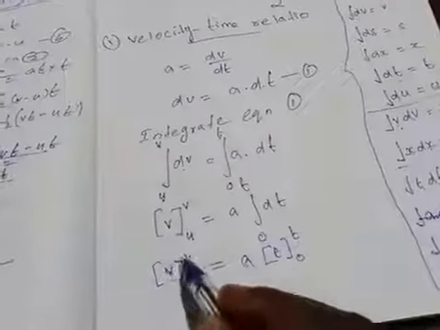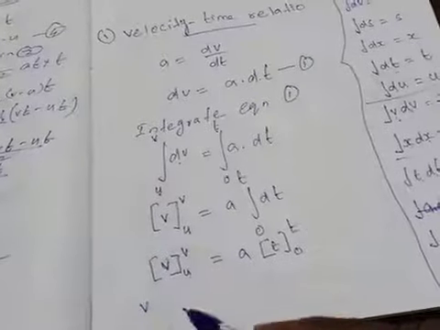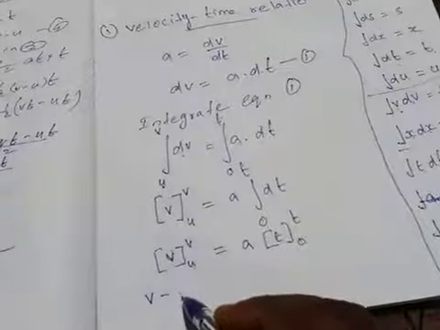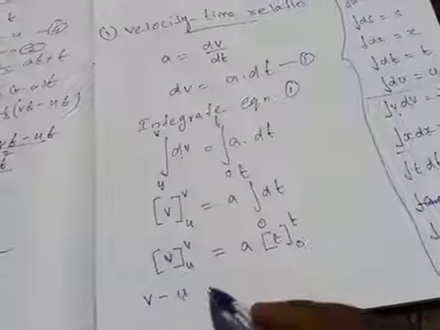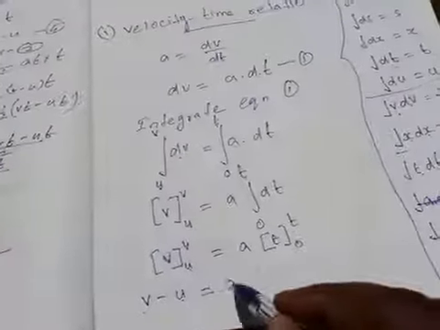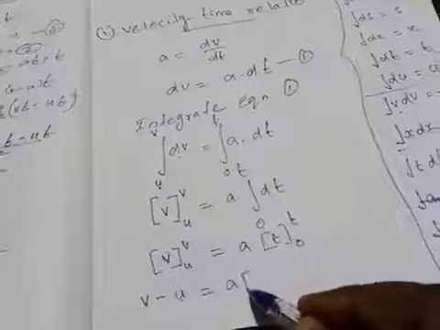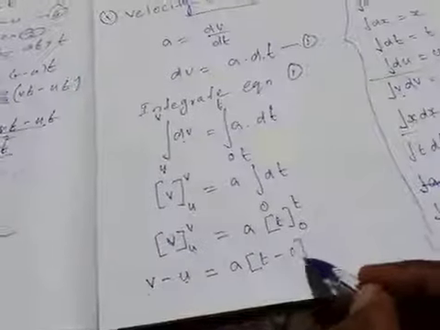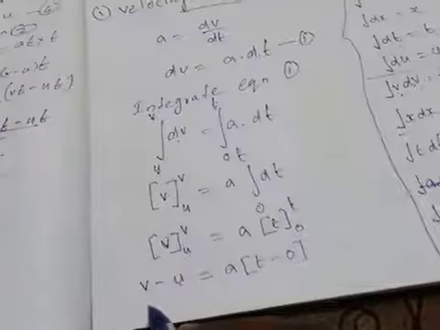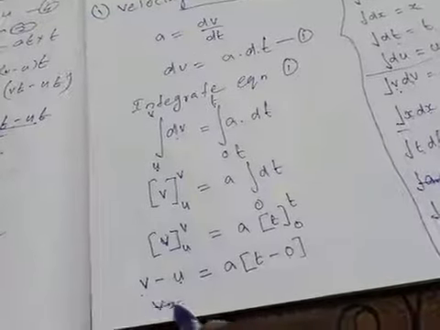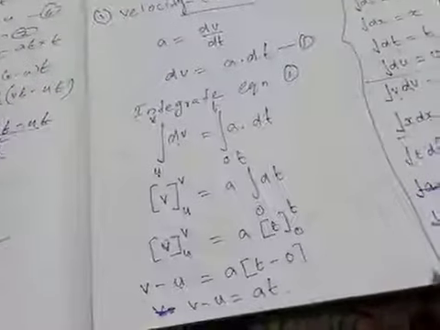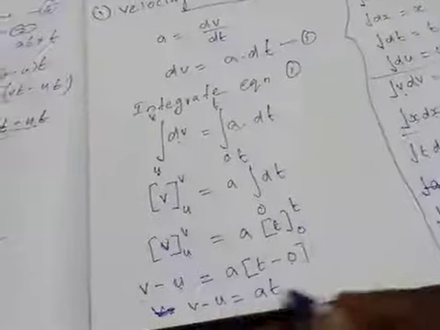So v, upper limit, minus u, lower limit, is equal to a, which is constant, into t, upper limit t minus lower limit 0. So v minus u is equal to at minus 0, and that is not needed. So you can write this equation.